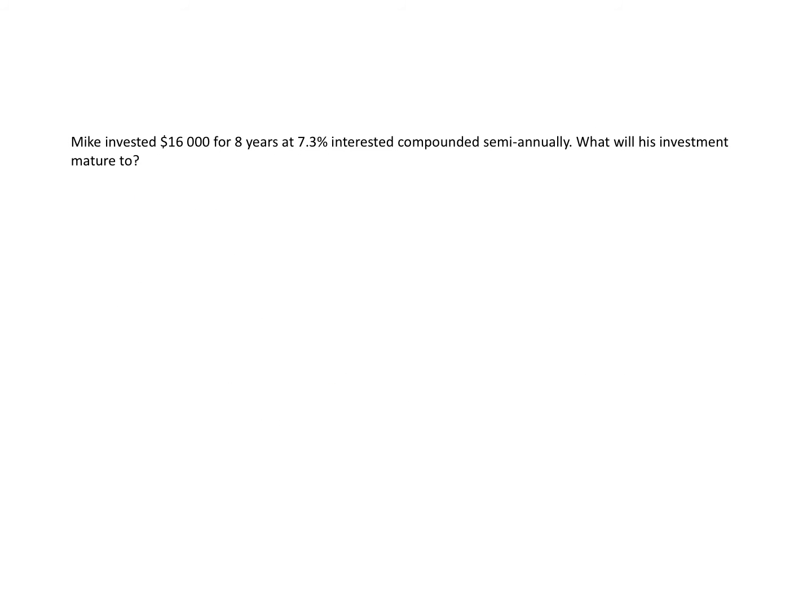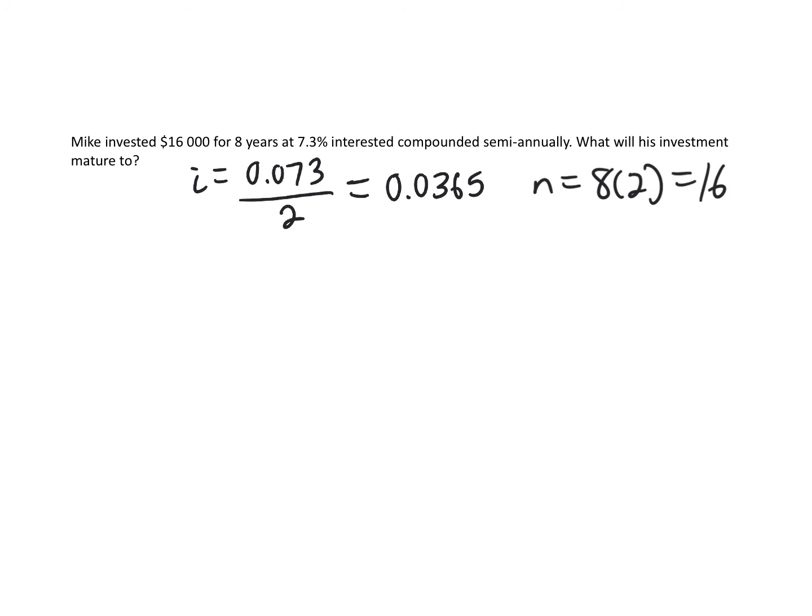Here's another investment one. I equals 0.073. It's compounded semi-annually. That means twice a year. So we divide by 2 to get 0.0365. N will be 8 years times 2, which is 16.